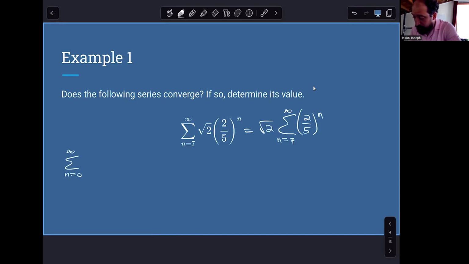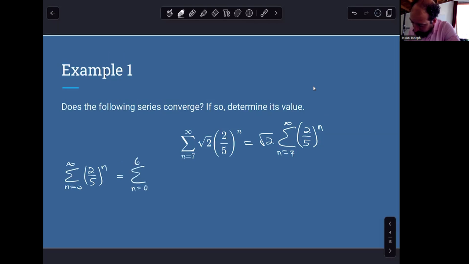That's what the formula for a geometric series tells us. And now I'm going to break that up using that third property to go from 0 to 6, and then from 7 to infinity. Right, so that sort of tail of the series from 7 to infinity, that's what we're interested in solving for.